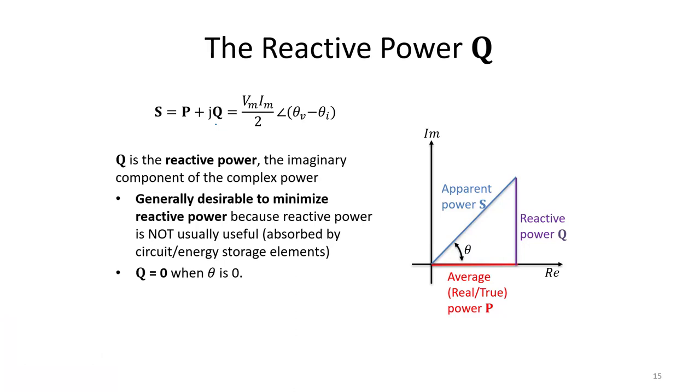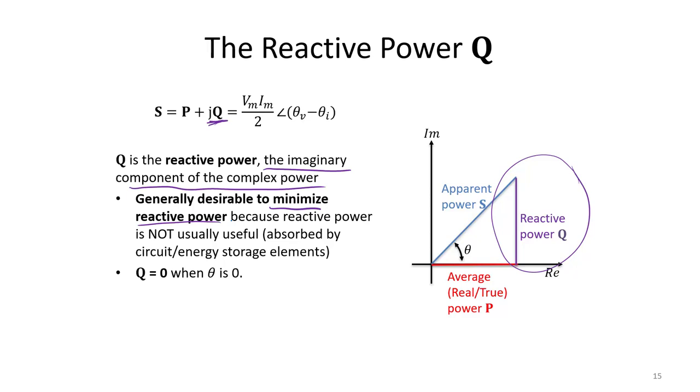Next is our reactive power Q. Remember, Q is the imaginary component of the complex power in rectangular form. Most of the time, we want to minimize that reactive power Q because most of the time we just can't use it. It's imaginary.